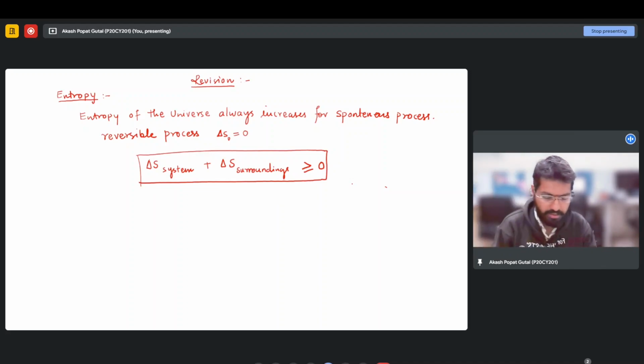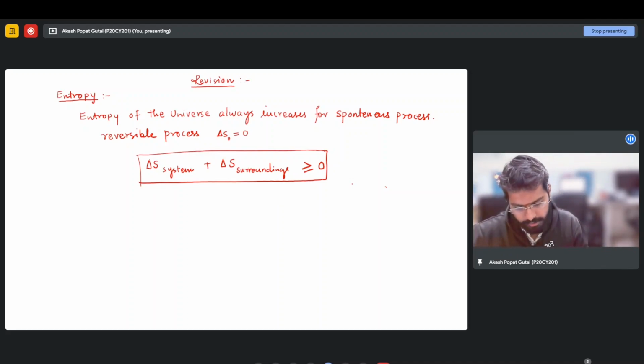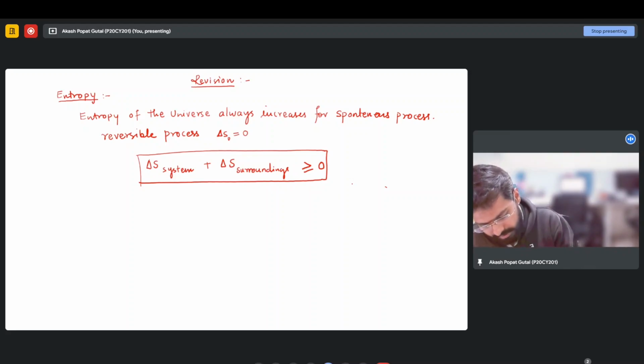After that, we require the expression for the entropy when the body is maintained at constant temperature T, meaning the isothermal process.